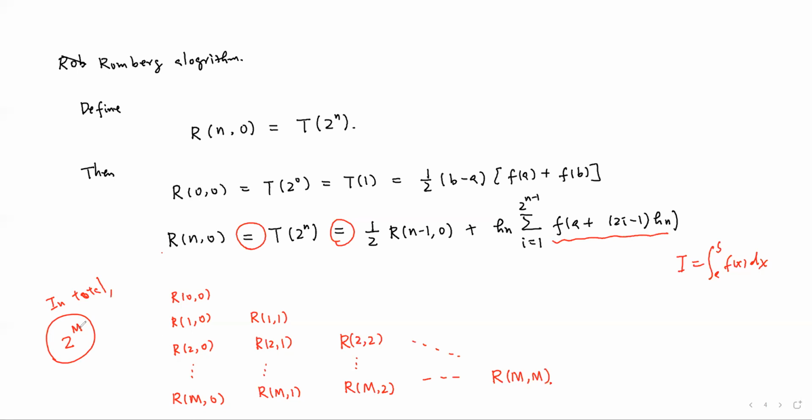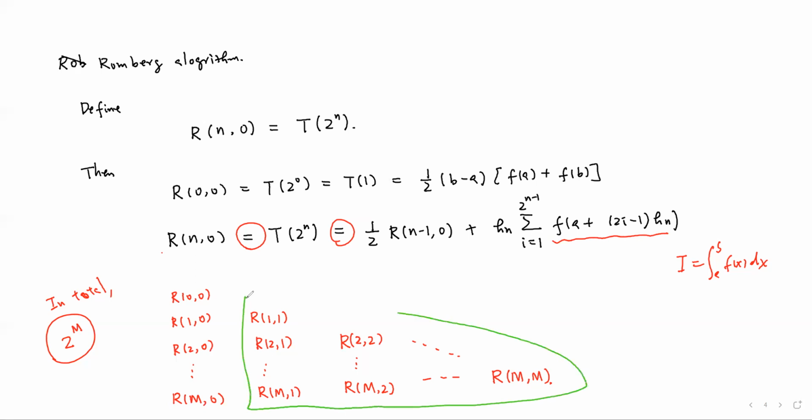Say m is a modest number, 10, 20. That's fine, the computational cost is not high. If m is large, say 1,000, that is too much. So usually m is 10, 20.